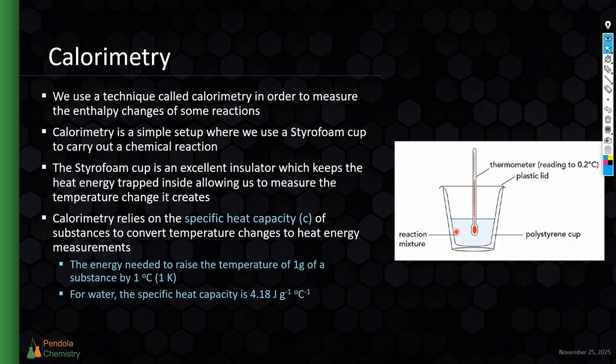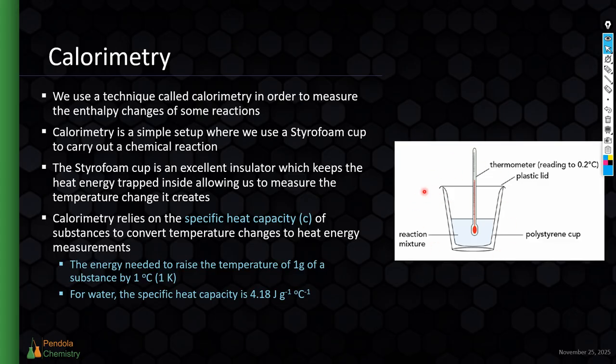In this type of calorimetry, we're going to create an insulated system. Now, we talked about an isolated system earlier in section 1, which is a system where mass cannot enter or escape a reaction, and heat cannot enter or escape a reaction.